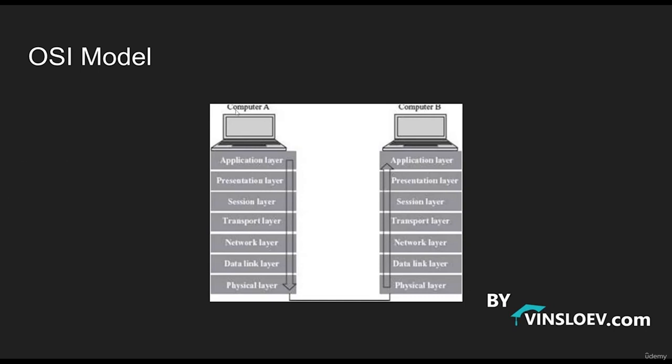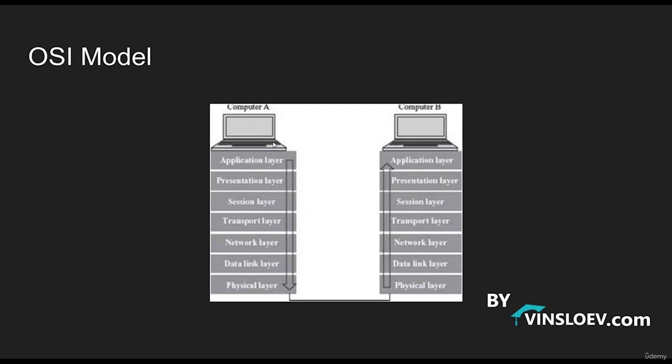For example, if we have computer A right here and computer B right here, then a person on computer A is going to send something to computer B. He is starting on the application layer, and the computer and the electronics within it work their way down from the application layer through the different layers until they reach the physical layer, and then the data is transferred over to computer B, which starts from the lowest layer and works its way up until it is capable of presenting the data that computer A sent.